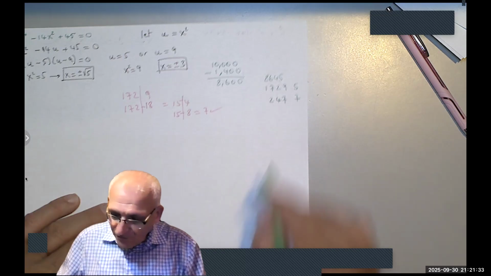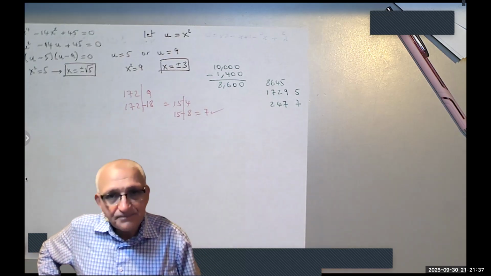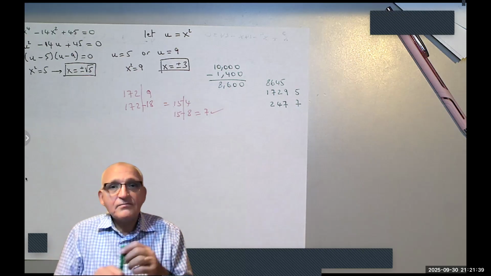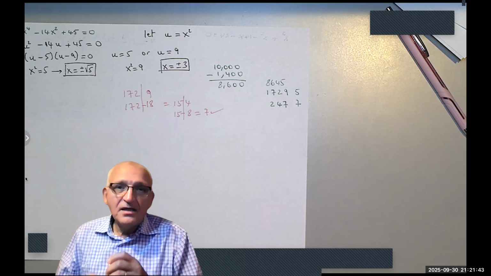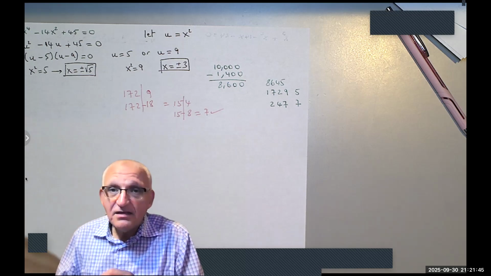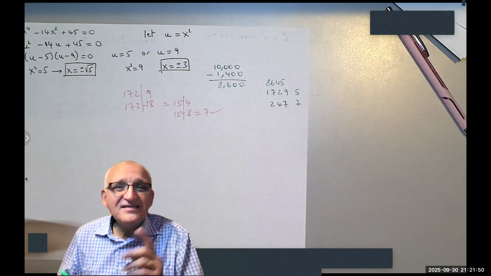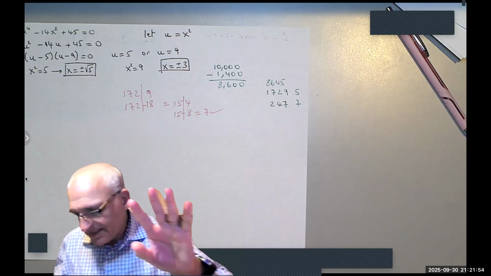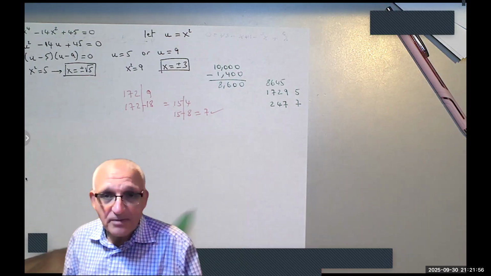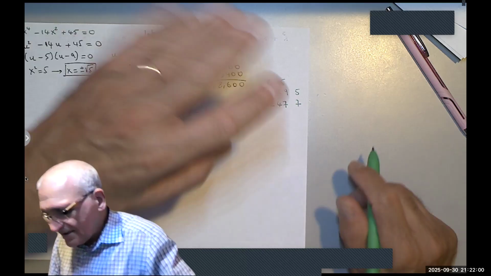Okay? 247. What is this divisible by? It turns out that it's divisible by, for example, 13. I didn't show you something else. Maybe I'll keep it for another day, but it's also divisible by 19. No, I don't want to go there for now.